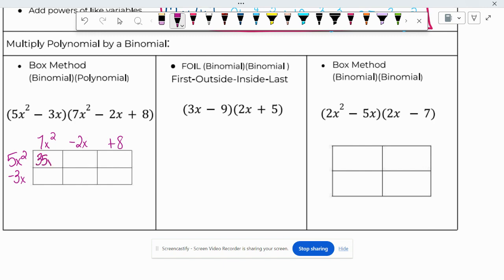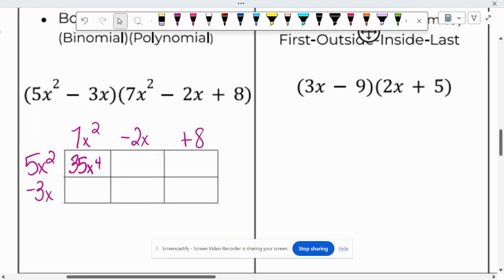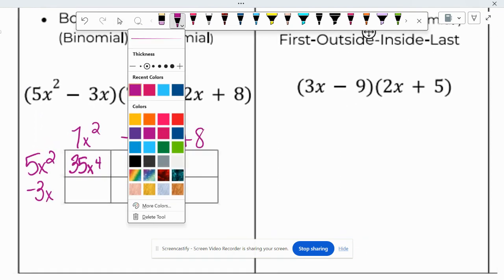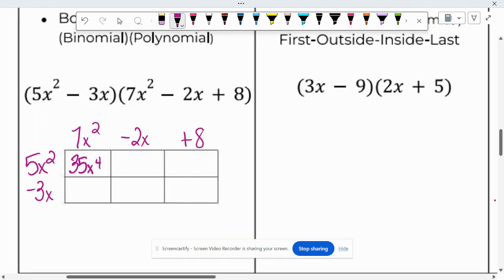Yep, 35x to the fourth. What is 5x squared times negative 2x? Yep, negative 10x cubed, or negative 10x to the third. 5 times 8 is 40. X squared goes along for the ride.